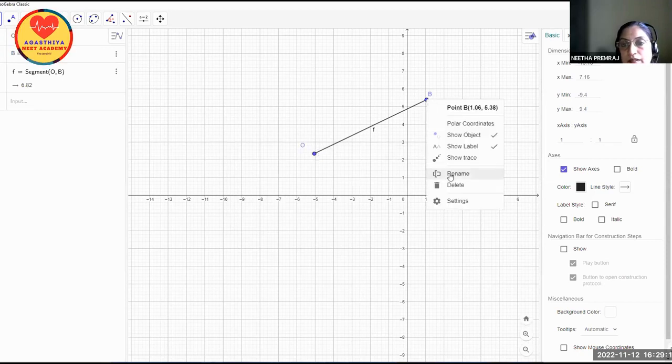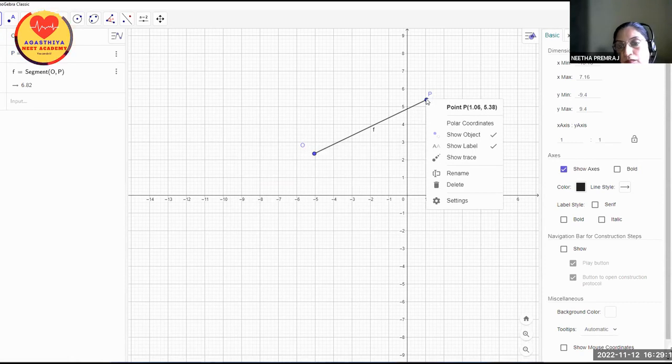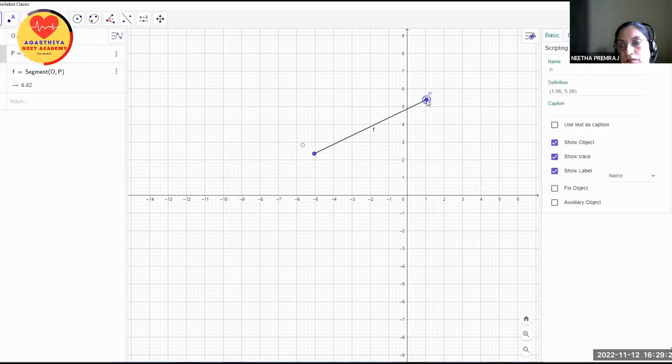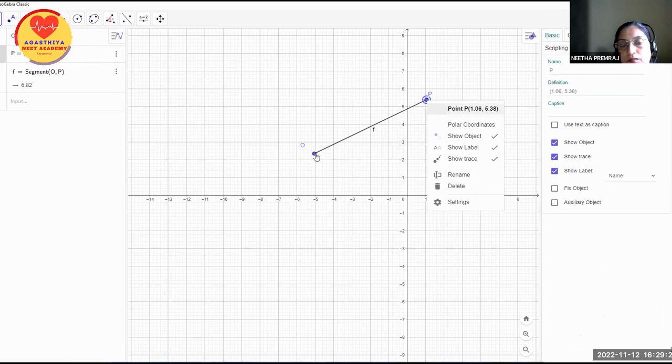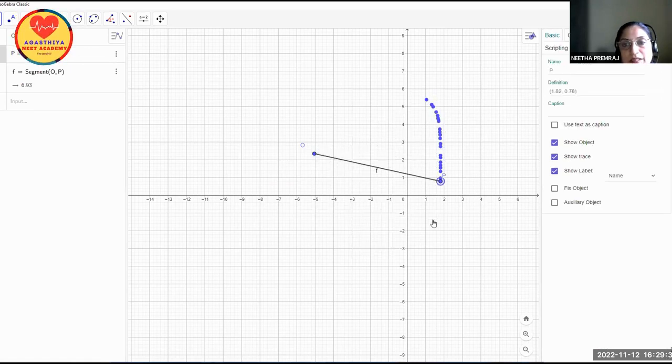And this point P is a moving point. Okay, now what happens? Oh, this is wrong. Wait one second. How do I change it?